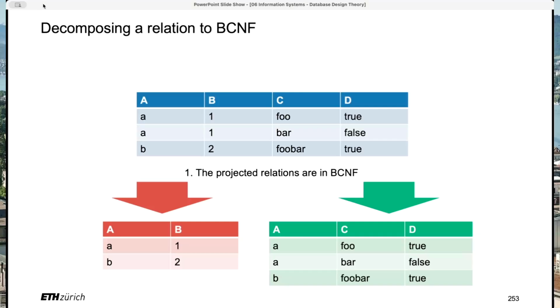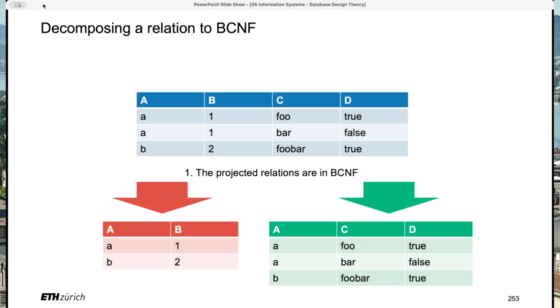Now, the goal that we have, since we know about the Boyce-Codd normal form and we know it's a good thing to have a table in the Boyce-Codd normal form: if we take a table that is not in the Boyce-Codd normal form, we would like to decompose it into 2 or more tables that are in the Boyce-Codd normal form. That is our goal, right?